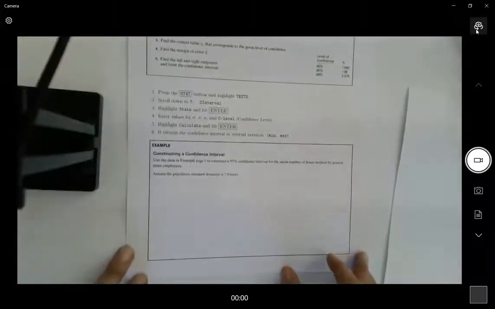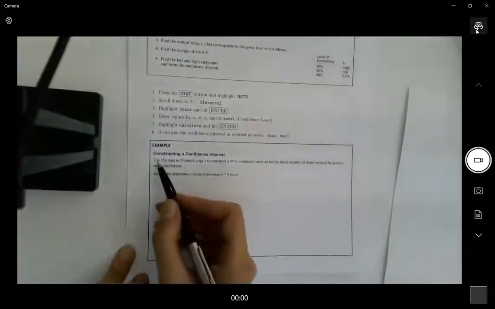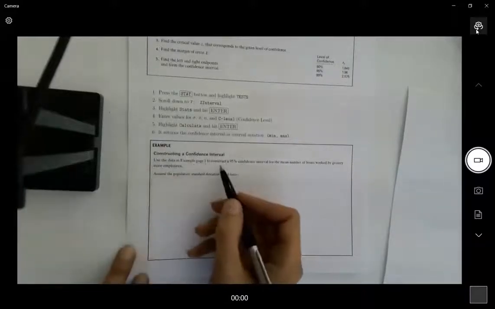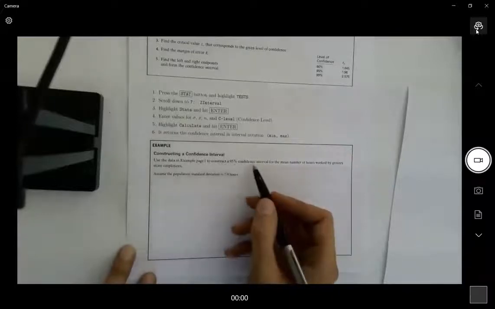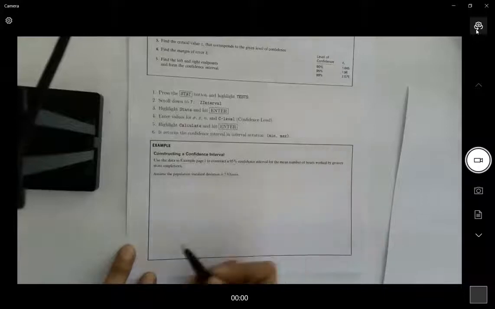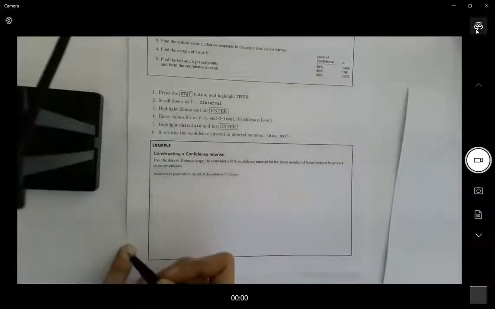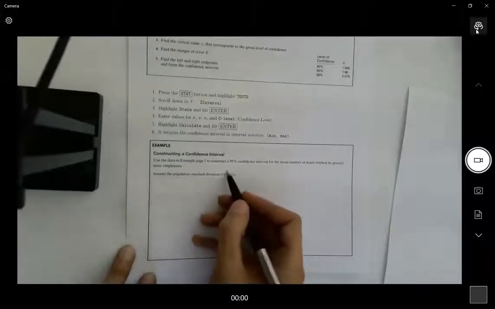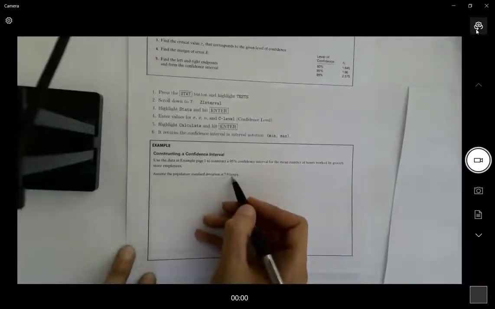On page 3, we're going to use the information from page 1 and construct a confidence interval. Use the data in example page 1 to construct a 95% confidence interval for the mean number of hours worked by grocery store employees. Assume that the population standard deviation is 7.9.